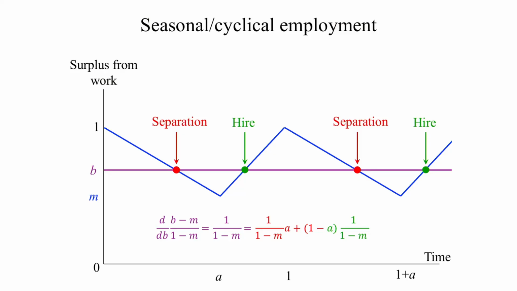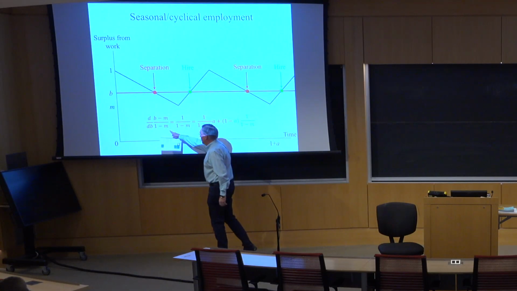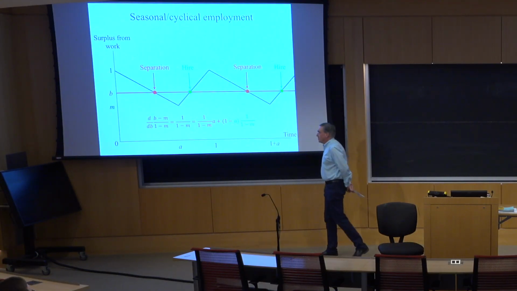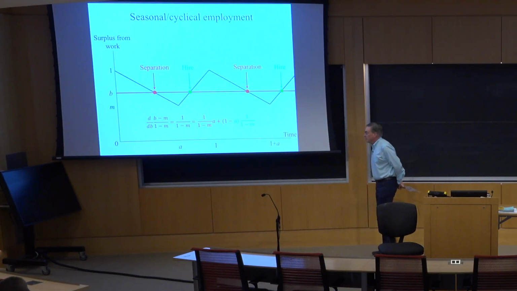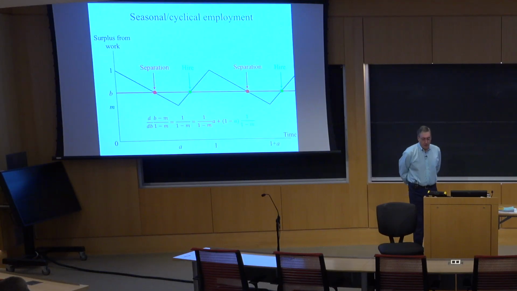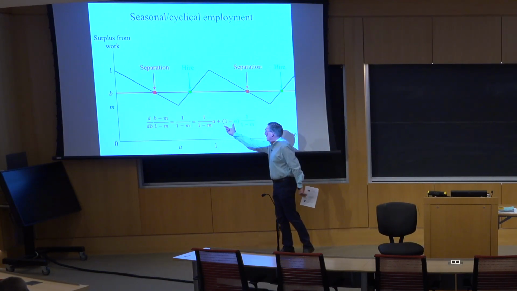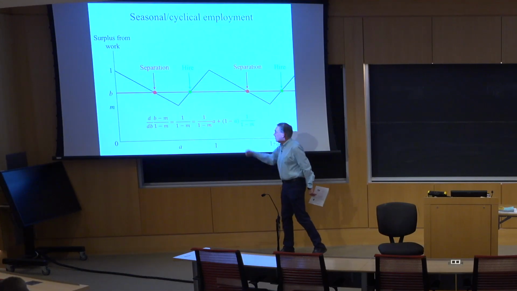So I took the non-employment rate here, and I asked, well, what's the marginal effect of B on that? Clearly it's 1 over 1 minus M. And then I broke that into pieces. Sorry, the color went a little bit off here. There's a red piece, and this is supposed to be an all green piece.